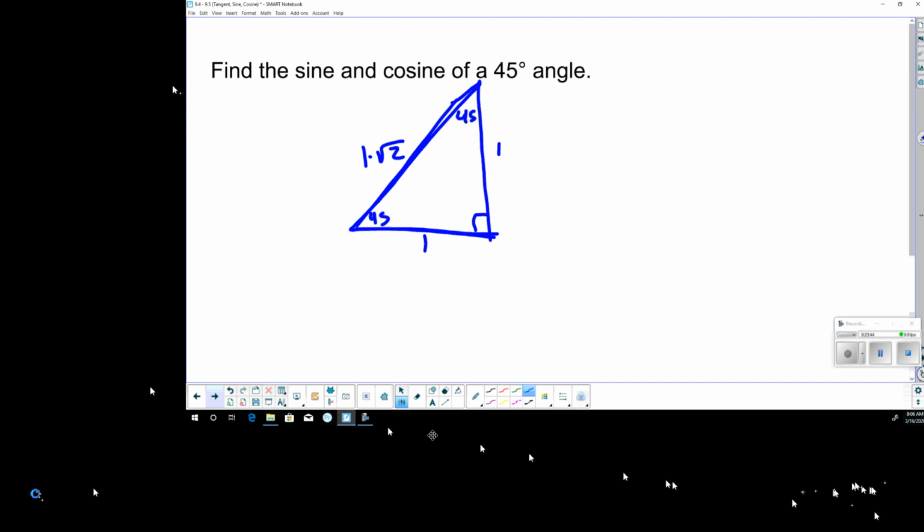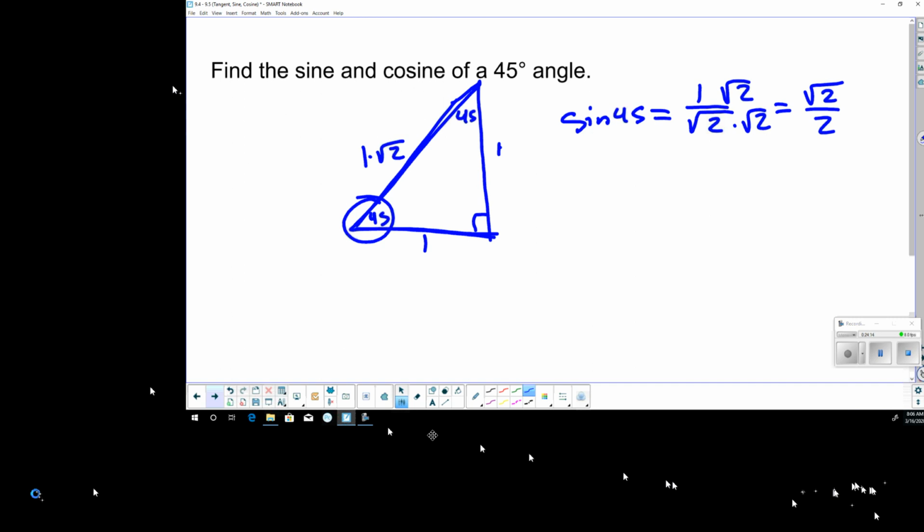Okay, pick a 45-degree angle to be your reference angle. If that's it, we're trying to find the sine and cosine. Sine is opposite over hypotenuse. So sine of 45 equals the opposite over the hypotenuse. If you remember, we can leave it like that, but normally we don't. You normally don't leave a square root on the bottom. So I'm going to times by the square root of 2, times by the square root of 2. So my answer ends up being square root of 2 over 2.